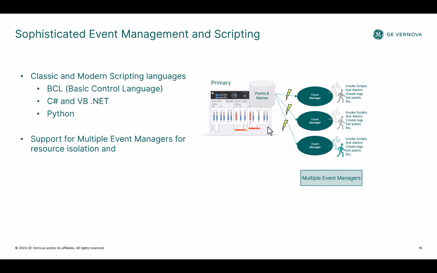Simplicity supports a sophisticated and powerful event management and scripting environment. On the SCADA server, you can trigger actions based on events that watch for certain occurrences and then allow you to run actions like scripts to do custom processing or evaluation or communication in a very optimized way.